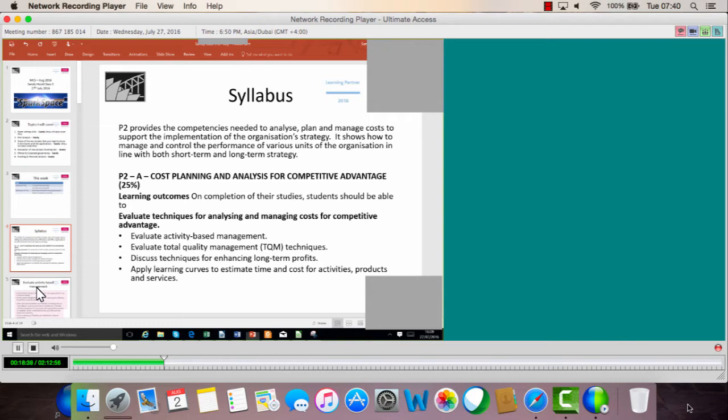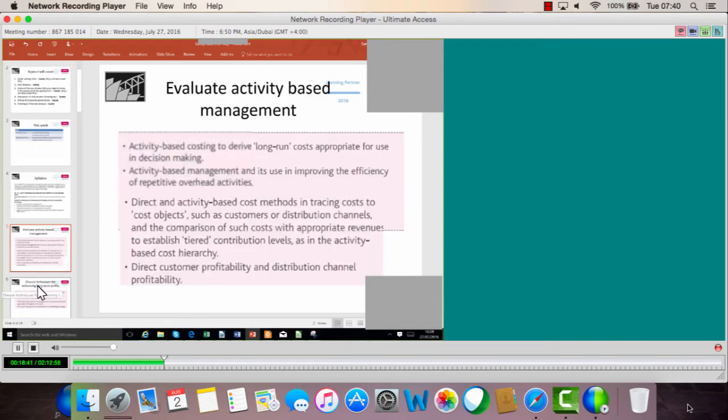Right, moving on. This is now me looking at the indicative content within each of those headings. Activity-based costing to derive long-term cost appropriate for use in decision-making. Activity-based management and its use in improving the efficiency of repetitive overhead activities.